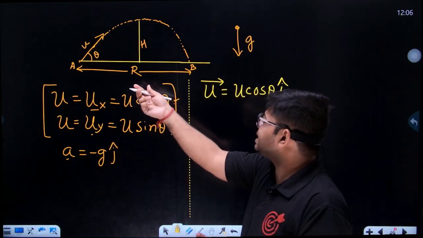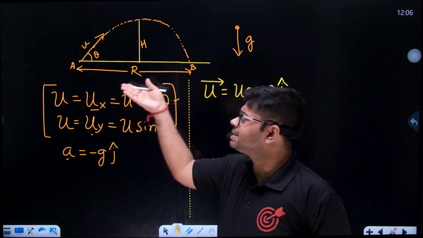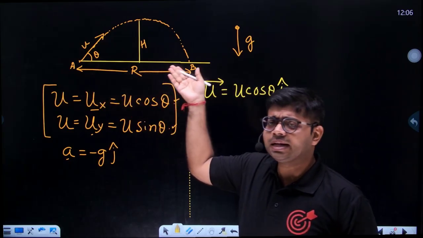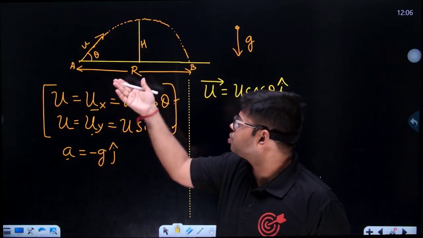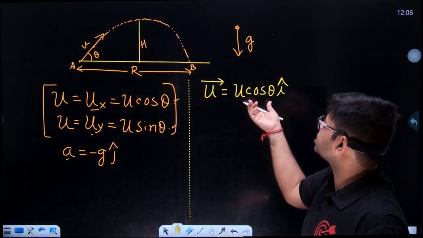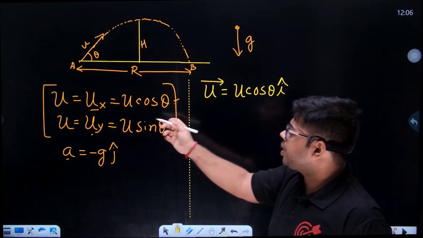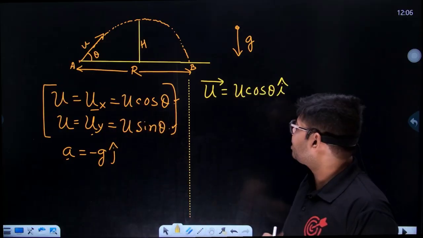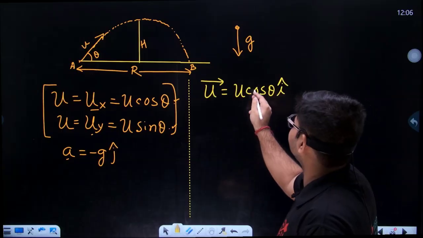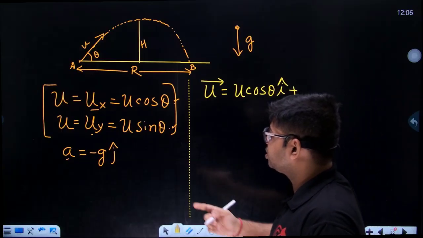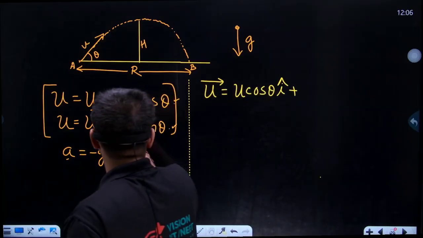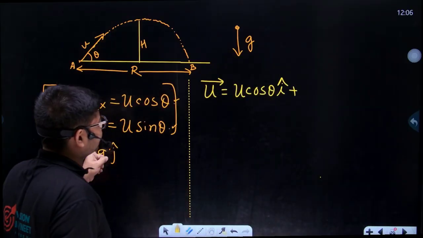So is there any acceleration along the x-axis? Along the horizontal, is there any acceleration? No, there is no acceleration along the horizontal. So this u cos theta is constant. So ux is constant. Okay, so your u is going to give you u cos theta i cap plus, what was my initial acceleration about the y axis?